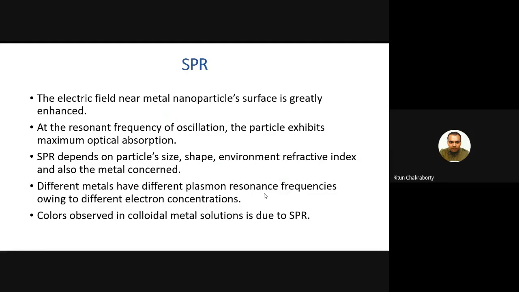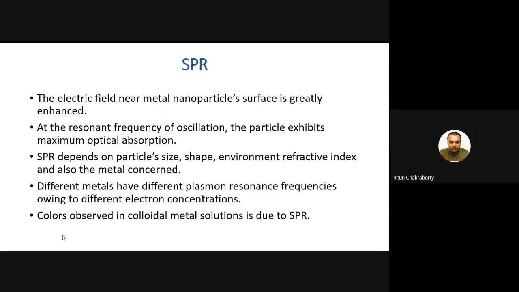The surface plasmon resonant frequency expression depends on the electron concentration. Gold has a different electron concentration than silver, and due to such a difference, they will also have different surface plasmon resonant frequencies.